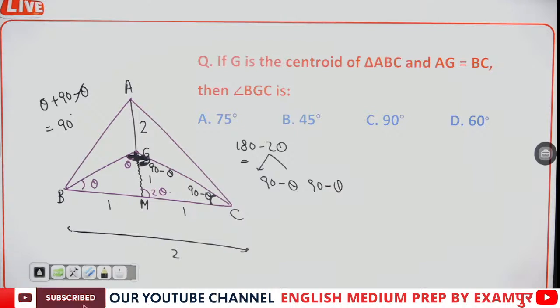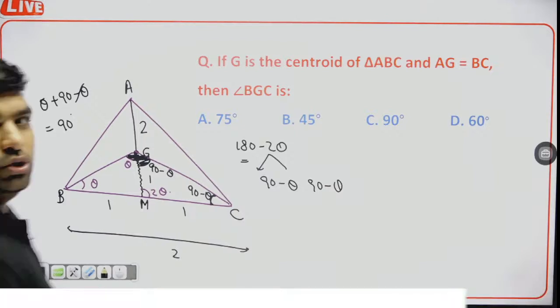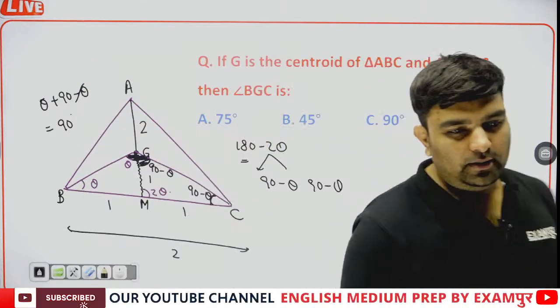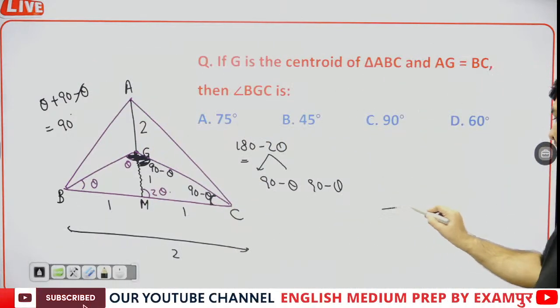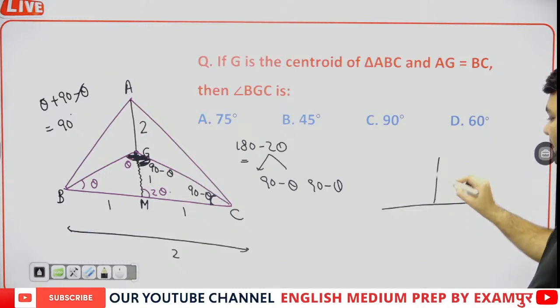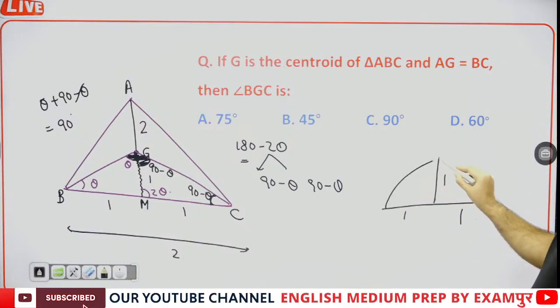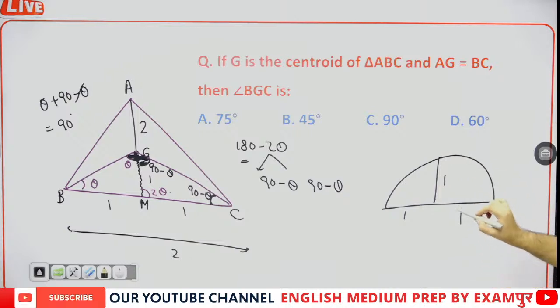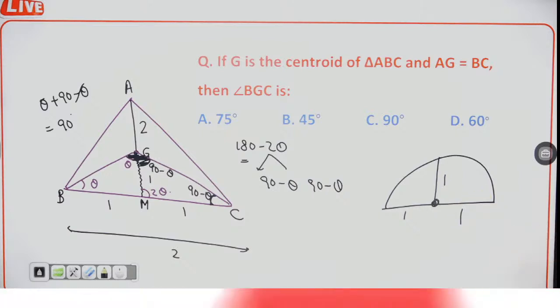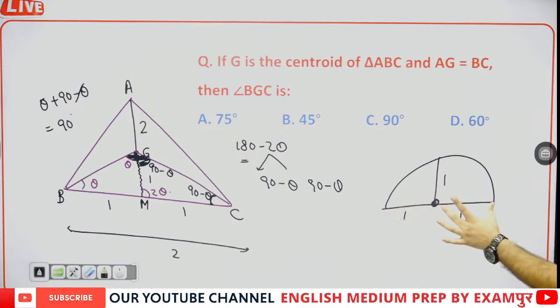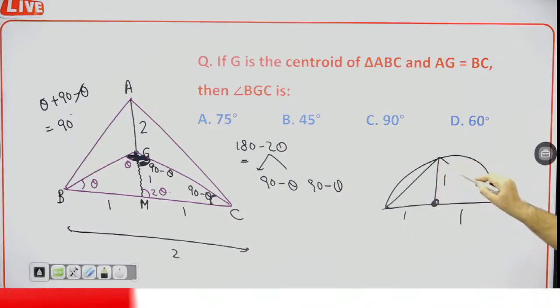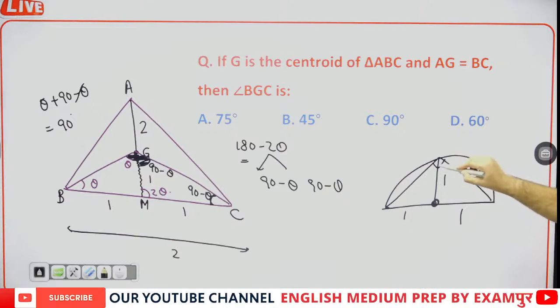And those who know circles, for them it is a question of circumradius. This is one, this is one, this is one. It is the case of a semicircle. Radius, radius, radius. And a semicircle subtends 90 degrees at the circumference.